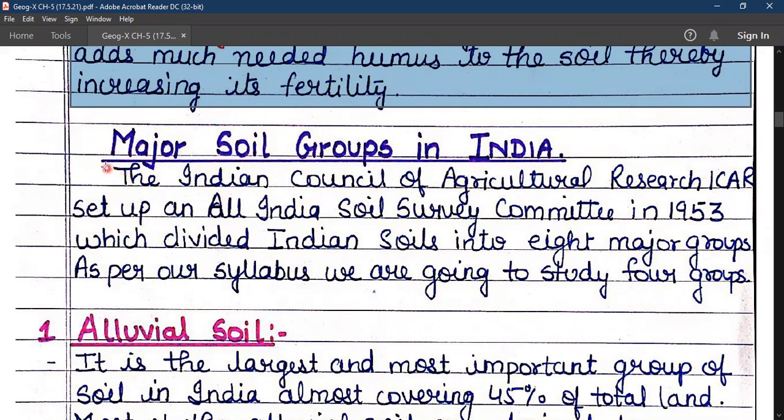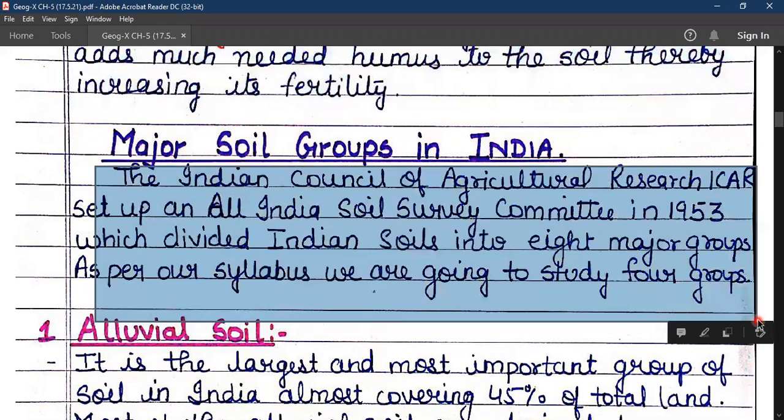The Indian Council of Agriculture Research (ICAR) set up an All India Soil Survey Committee in 1953, which divided Indian soils into 8 major groups. As per our syllabus, we are going to study 4 groups of soil.